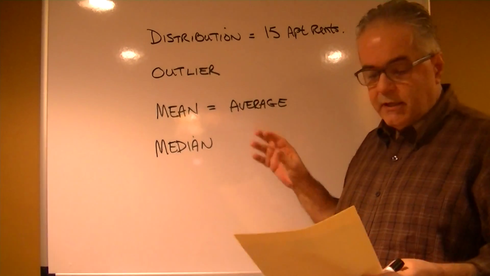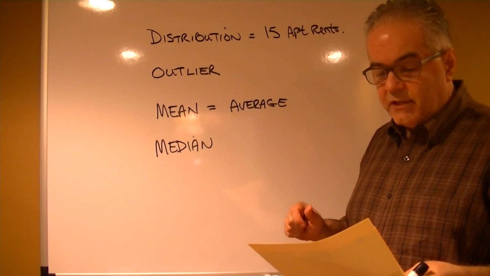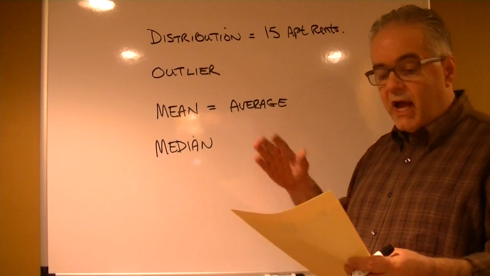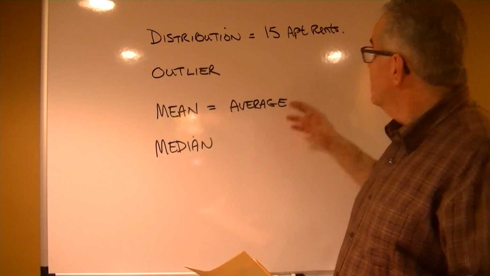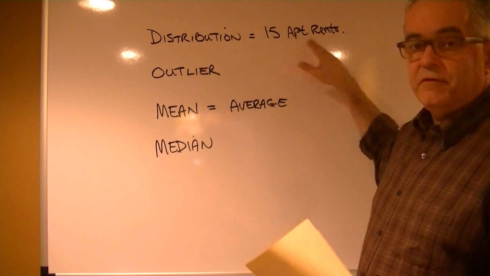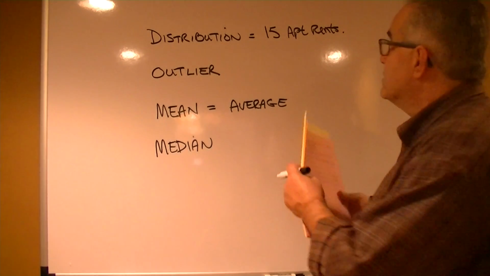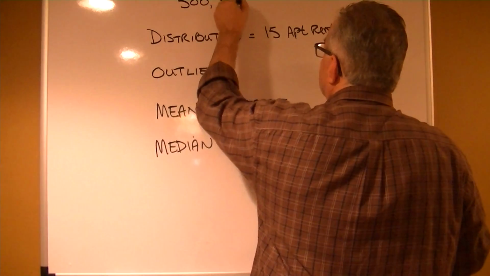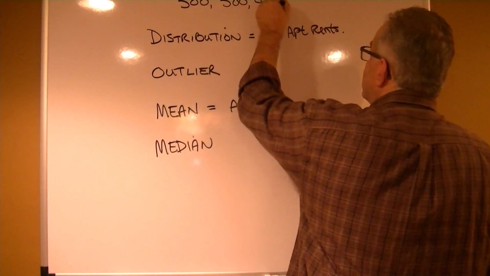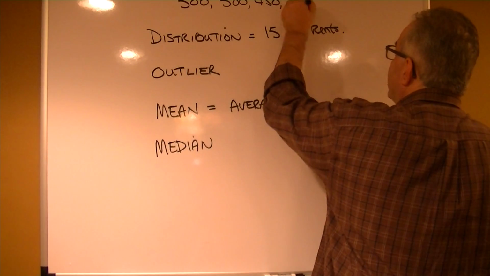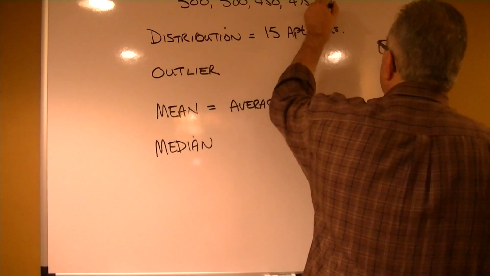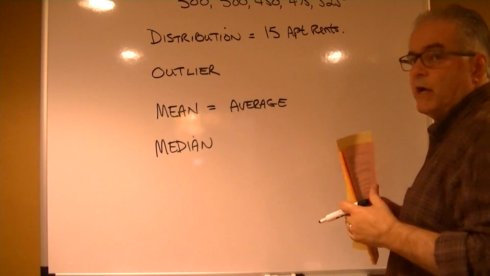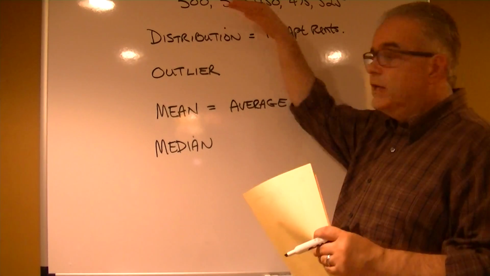Okay, and then it goes on to say one apartment had a much higher rent than all the others. So if you've got a distribution of 15 apartment rents, let's say they're all around $500. Maybe 450s in there, or a 475, all centered around 500 or so. I won't write all 15 up here, but you get the idea.